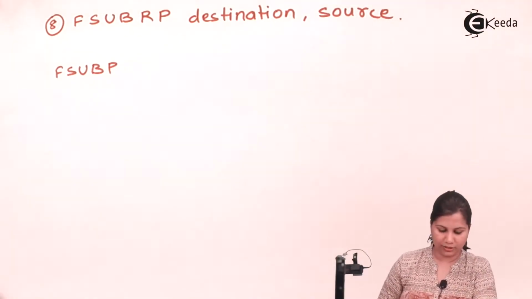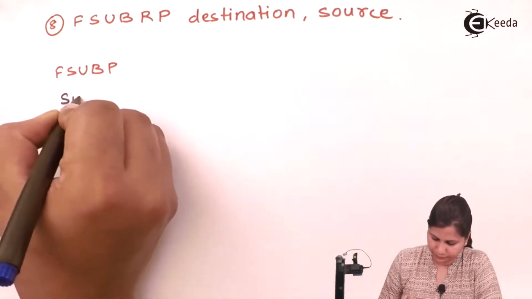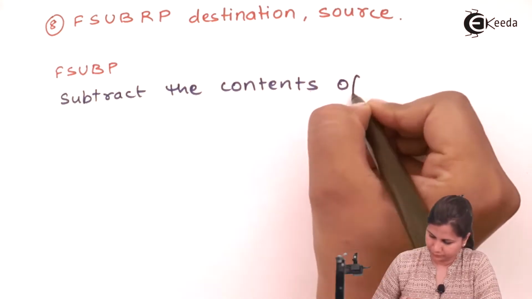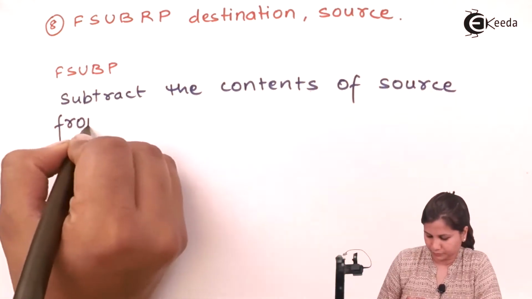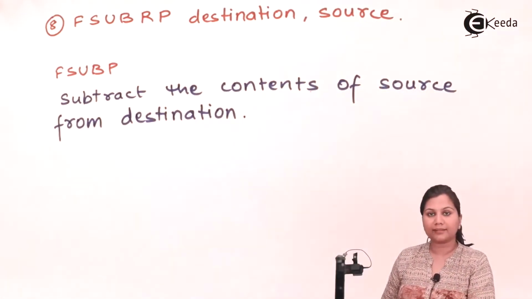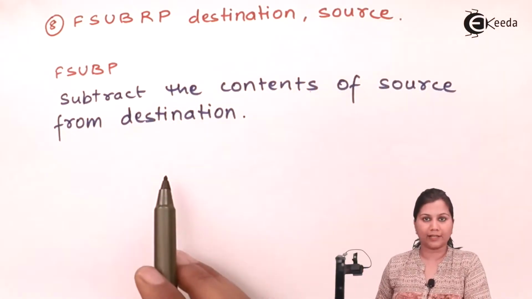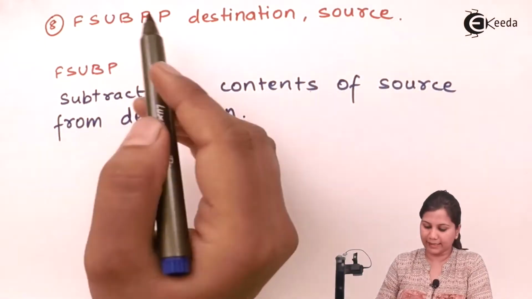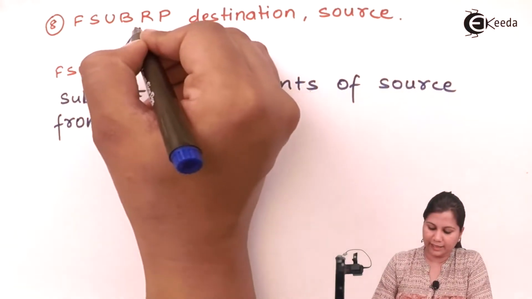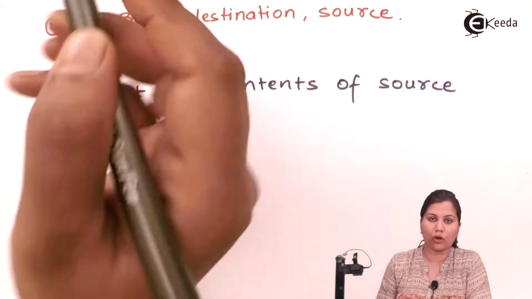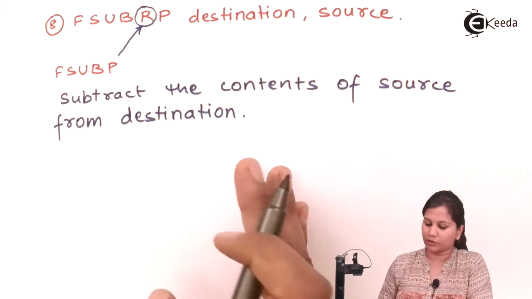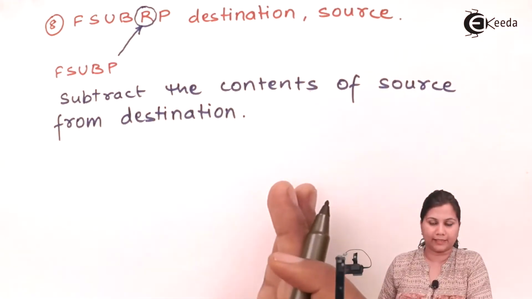So what this instruction does, it is going to subtract the contents of the source from the destination, and the remaining function is the same as the FSUBP instruction. Just the difference is that of R, that is the reverse operation.